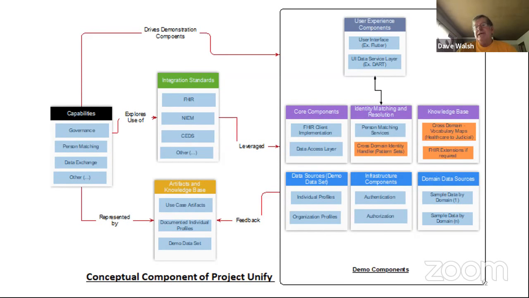And then there are the core components to the system, such as FHIR implementations, data access, and so forth. And one of the big pieces for us, and we're going to talk about it a little bit today, is security in terms of access to this data. That's going to be a complex approach.